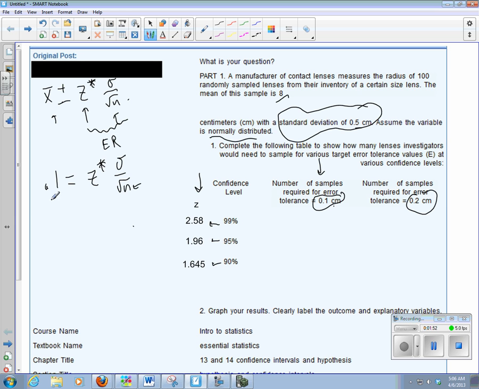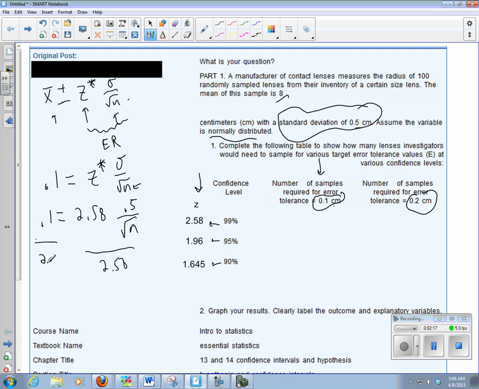So let's substitute in what we know. 0.1 equals, for a 99% confidence interval, we're going to use 2.58, and we know the standard deviation for the population is 0.5, over the square root of n. That's what we're solving for. So we have to solve this equation. I'm going to divide both sides by 2.58.